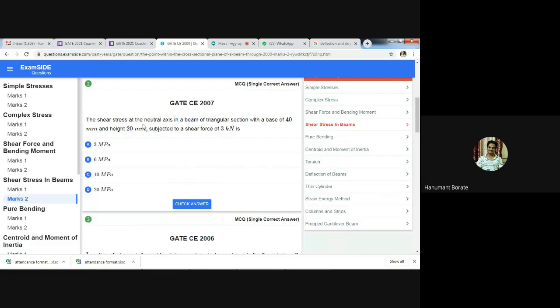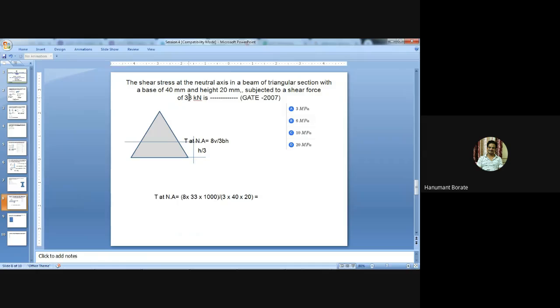Yes, a shear stress at the neutral axis in the beam of triangular section with the 40... oh okay, I have taken the wrong shear force. The shear force is 3 kilonewton, but here I have written 33. Now you will get the right answer: 8 into 3 into 1000 divided by 3 into 40 into 20, which is 10 MPa.